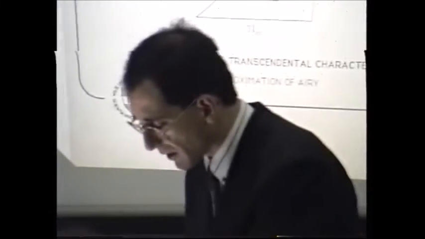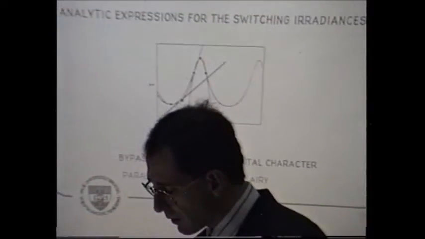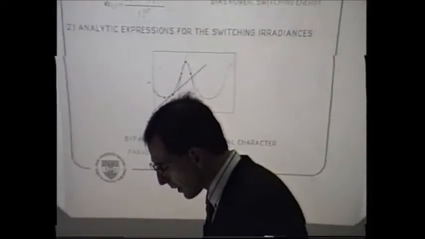We can characterize the bistable loop by 2 points, the switching up and the switching down point. These points determine the whole bistable loop, and you can use them to define the contrast of the loop and the width of the loop. The contrast and the width of this bistable loop are related to fan-out, bias power, and switching energy, some very important requirements that should be fulfilled if you want to use the device in an optical computer.